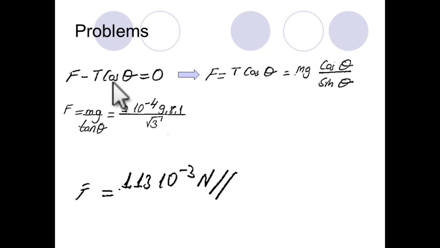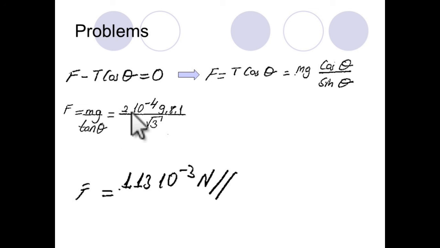Now let's go to the equilibrium in x direction. It is F minus T cosine theta, and it has to be equal to 0. So F is equal to T multiplied by cosine theta. Remember that we have calculated the tension in the rod, and it was mg divided by sine theta. As a result, the repulsive force is equal to mg cosine theta over sine theta, or mg divided by tangent theta.